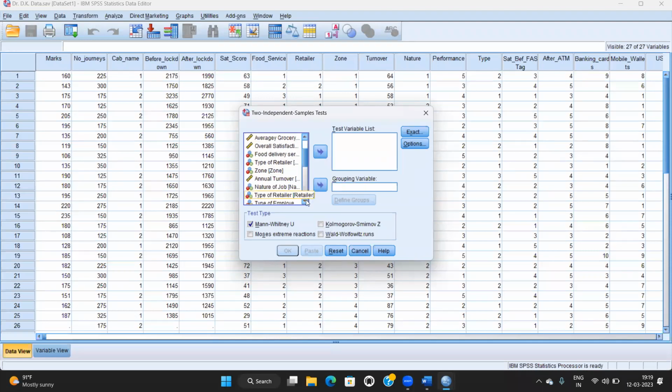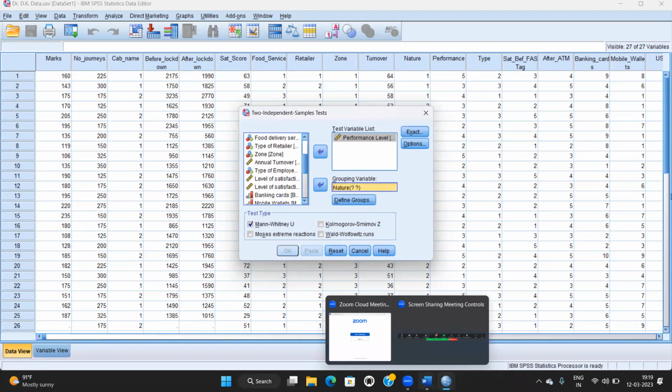Look at the variables list. What we have to select? Performance level. Performance level is the test variable. As usual, grouping variable. What is the grouping variable? Nature of job.